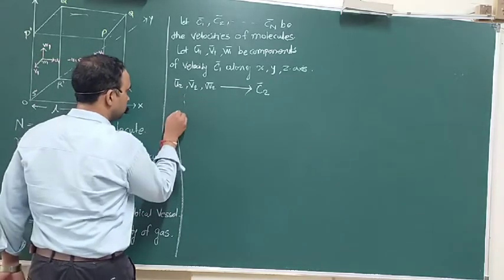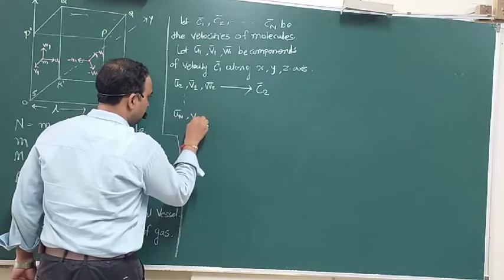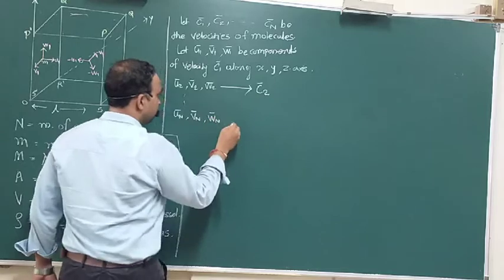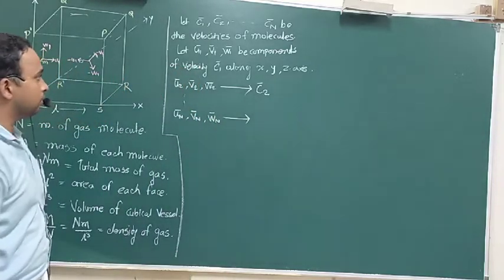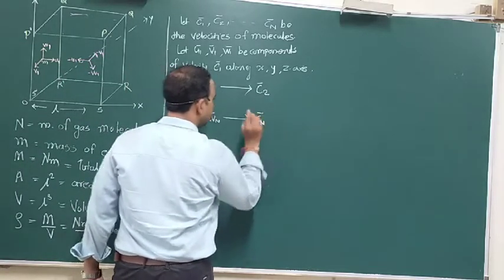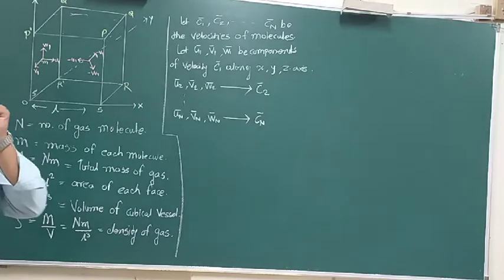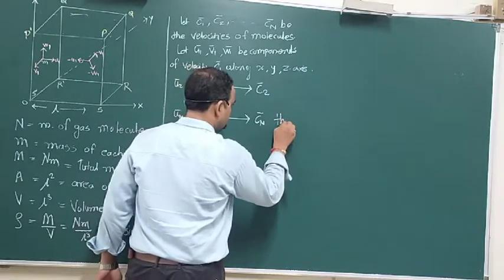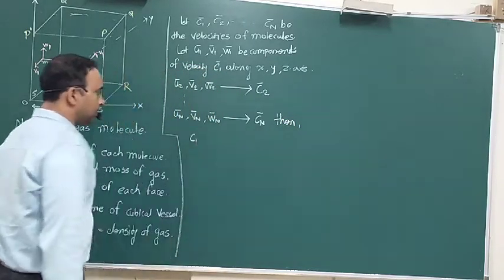Similarly, Un bar, Vn bar and Wn bar be the components of velocity Cn bar along the x, y and z axes.